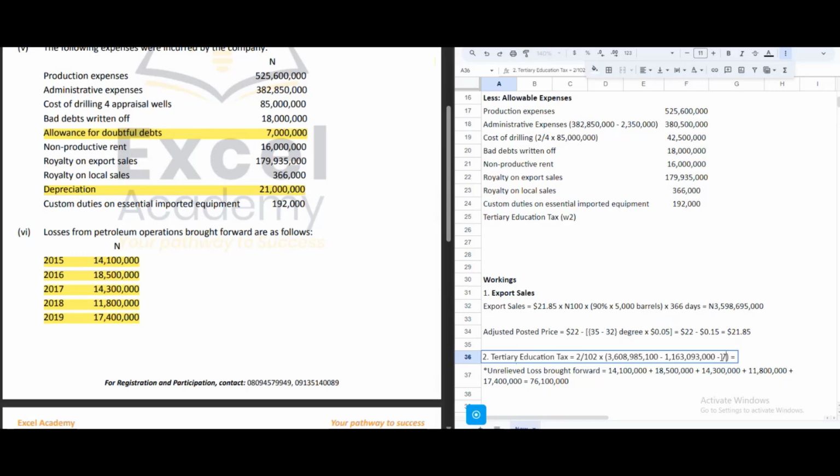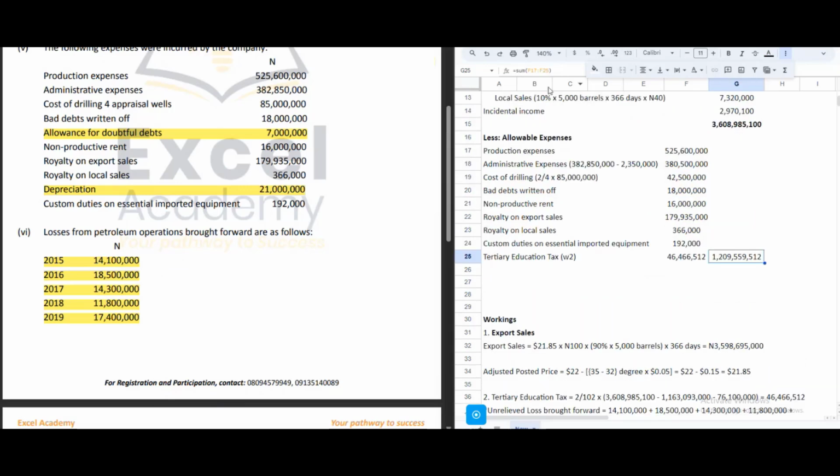So we will now deduct 76.1 million. So this amount now, this is 46,466,512. So we now bring the value up. So with that, we can now sum up the allowable expenses. This is the allowable expenses.